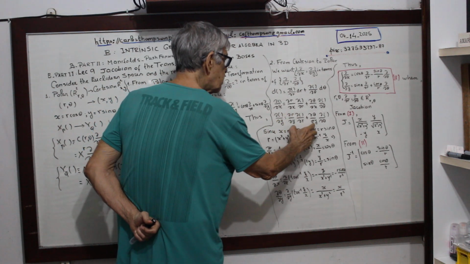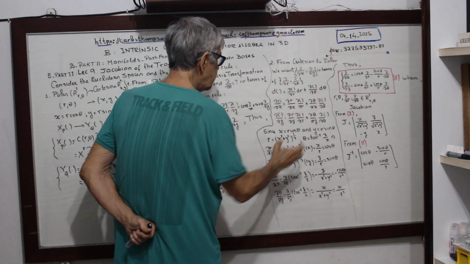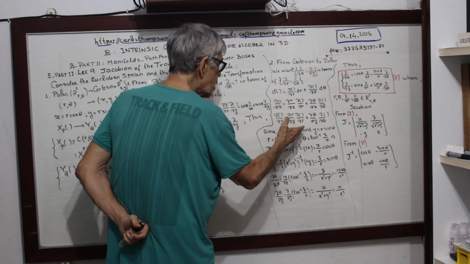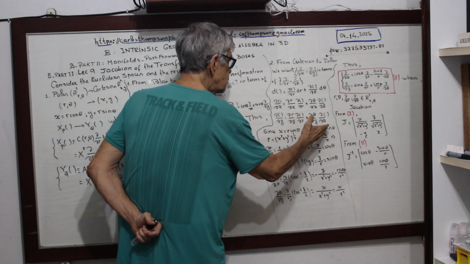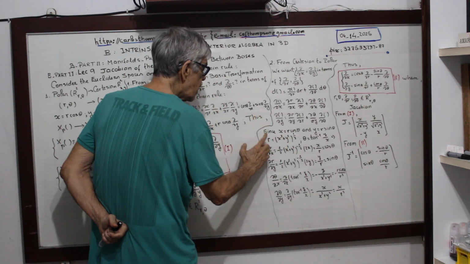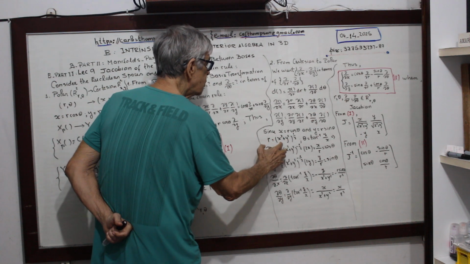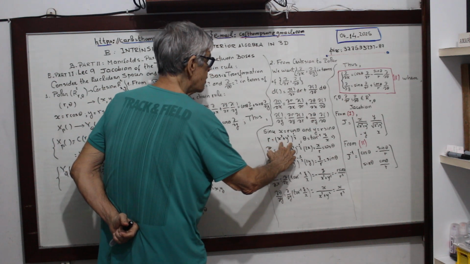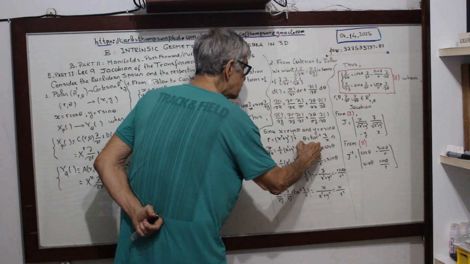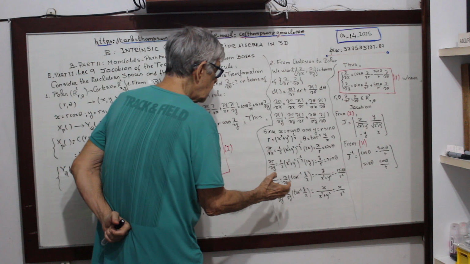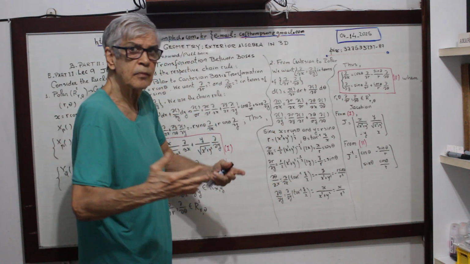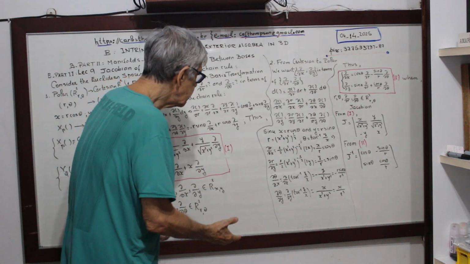Now, since x is r cosine theta and y is r sine theta, remembering that r is the square root of x squared plus y squared, and theta is the inverse tangent of y over x. Now, the problem here is just doing derivatives, okay?